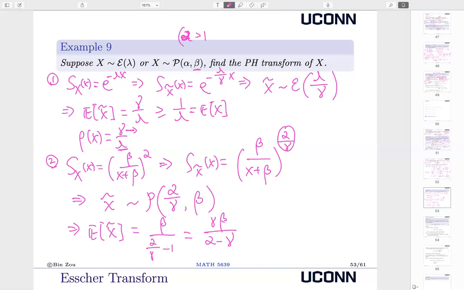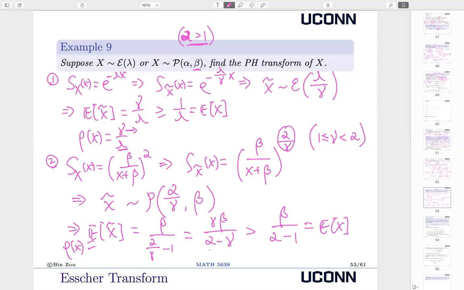Usually we assume it's actually greater than 2 in order to get the variance. So in order for the first parameter to be greater than 1, my gamma should be less than alpha. That's why everything is positive, so I get a positive mean, and it's very easy to see this is bigger than my original mean, which is EX. So this is my risk measure, right?